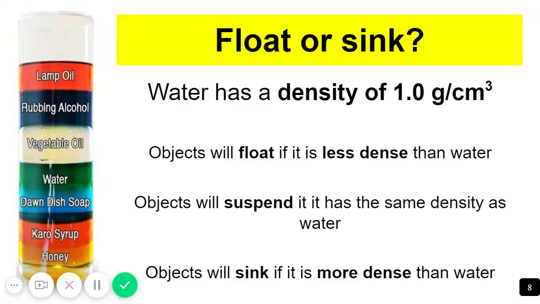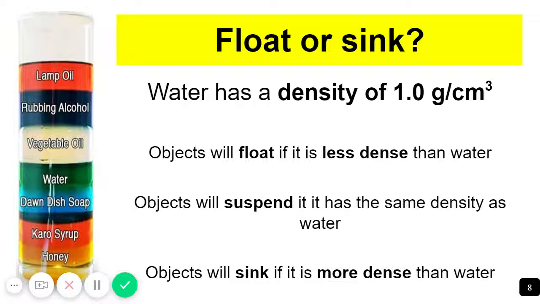So it should be around the levels of a lamp oil, rubbing alcohol, or vegetable oil. But of course, in this case, which layer is the least dense? If you're thinking about the lamp oil, spot on. Which layer is the most dense? If you thought about the honey, you are absolutely correct.